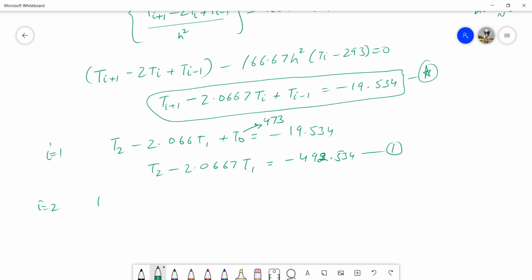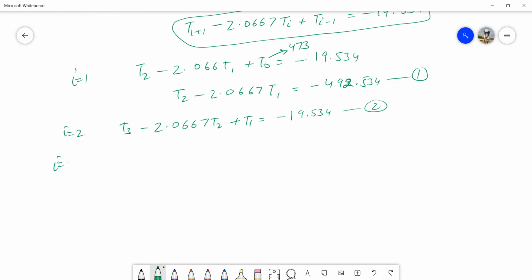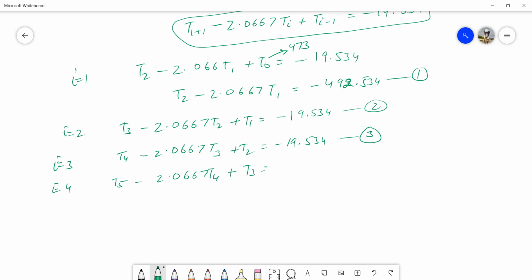Now i equal to 2, then i equal to 3, and i equal to 4, where T5 is given as how much?